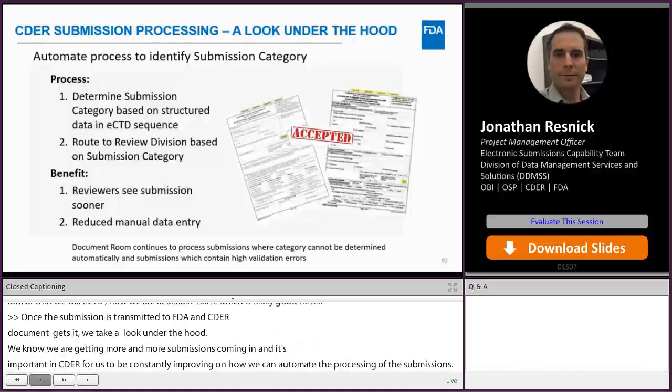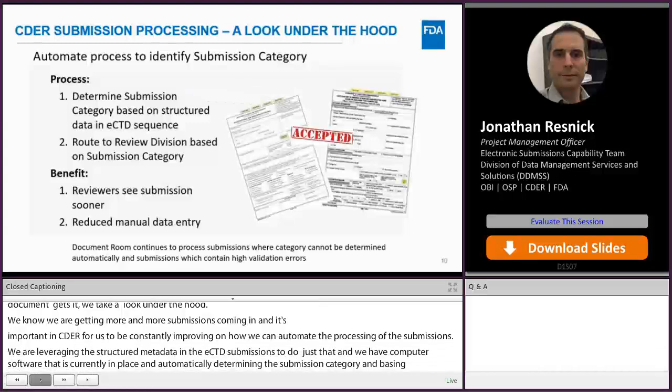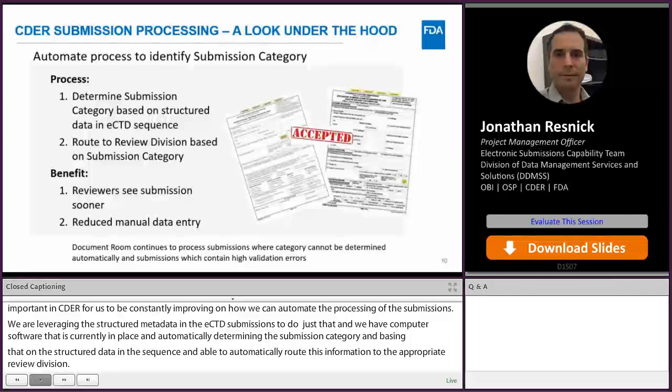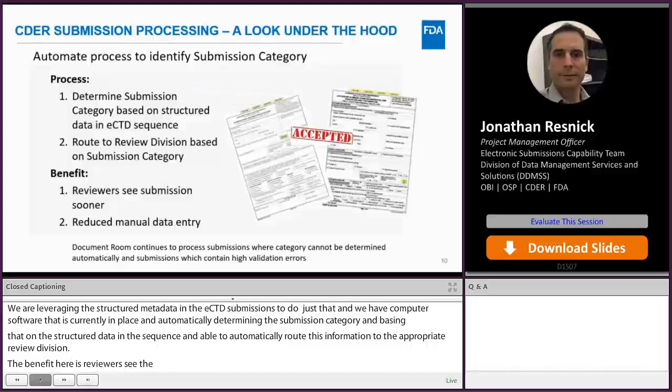We have computer software currently in place that automatically determines the submission category, basing that on the structured data in the eCTD sequence, and then automatically routes this information to the appropriate review division. So the benefit here is that reviewers see the submission sooner, and that means they can get back to you sooner and start doing their work sooner. And from a standpoint of people, less people power is needed. Less manual data entry is needed, and so those folks can focus on other things.